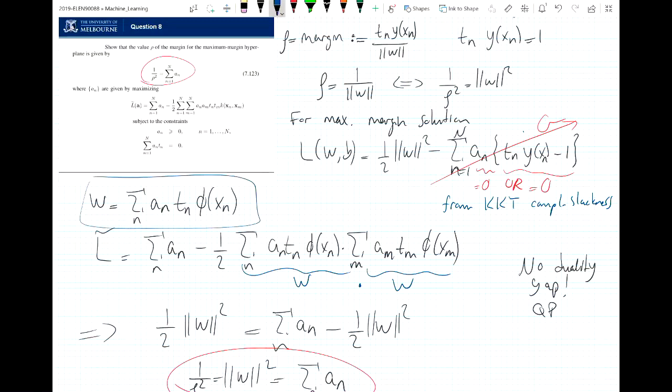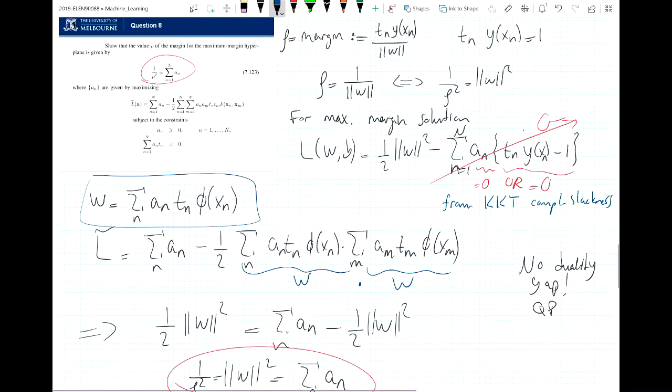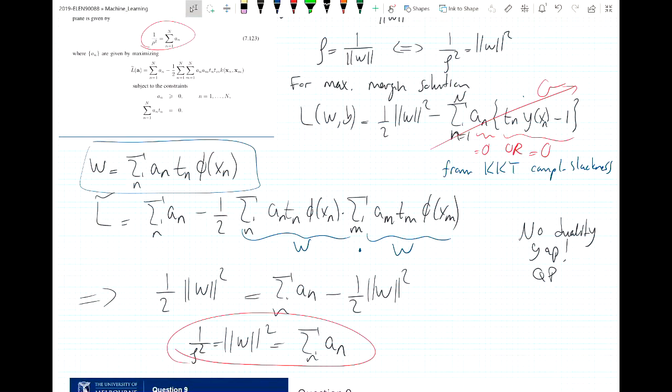Once we plug it in, we see that this can be written this way. Then primal and dual have the same value. No duality gap, therefore we equate and write it to obtain what we have. Interesting relationship: 1 over margin square is the sum of the Lagrange multipliers.